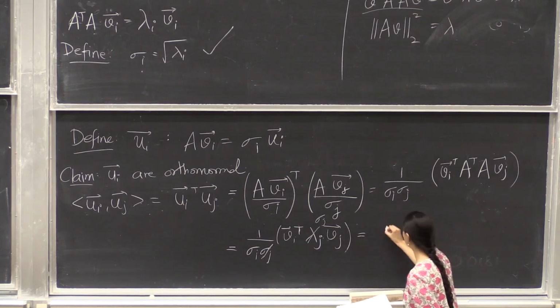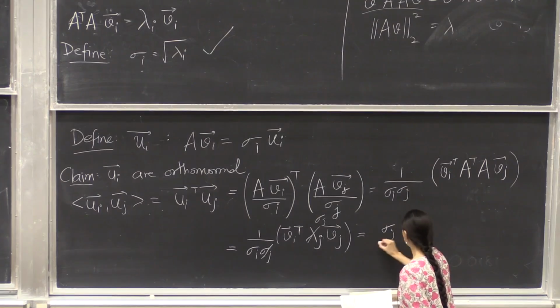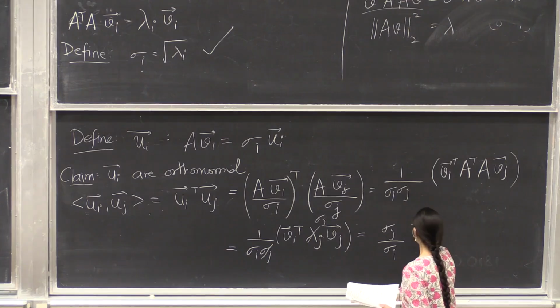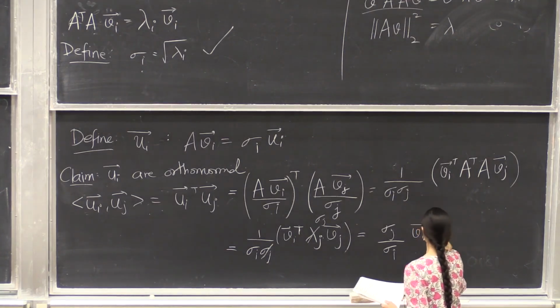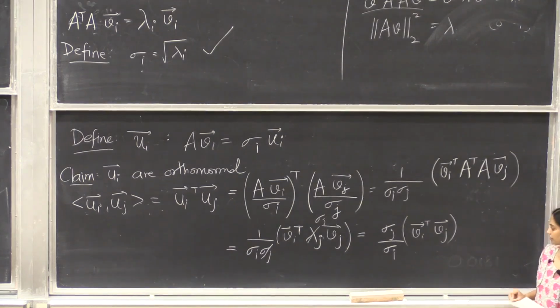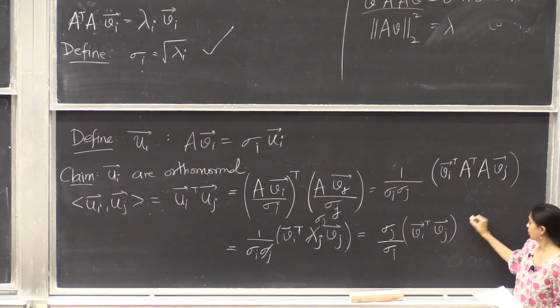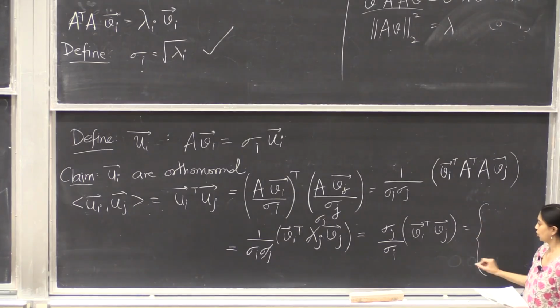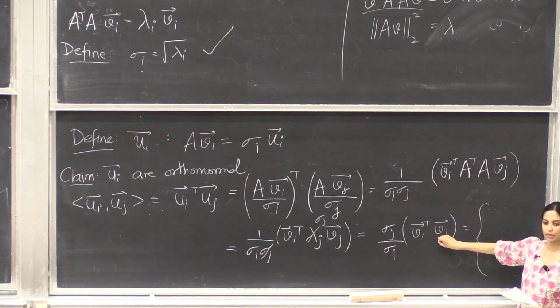Okay, so now I have this sigma j divided by sigma i, vi transpose vj. Okay? And so now, when i is equal to j, what is this? vi transpose vj is equal to 1.